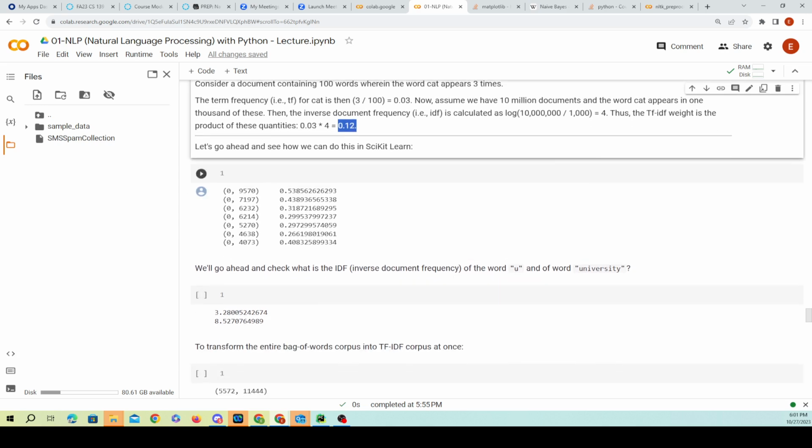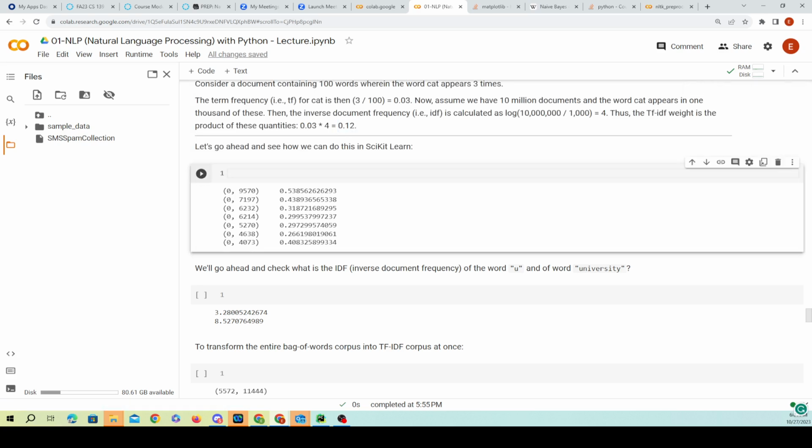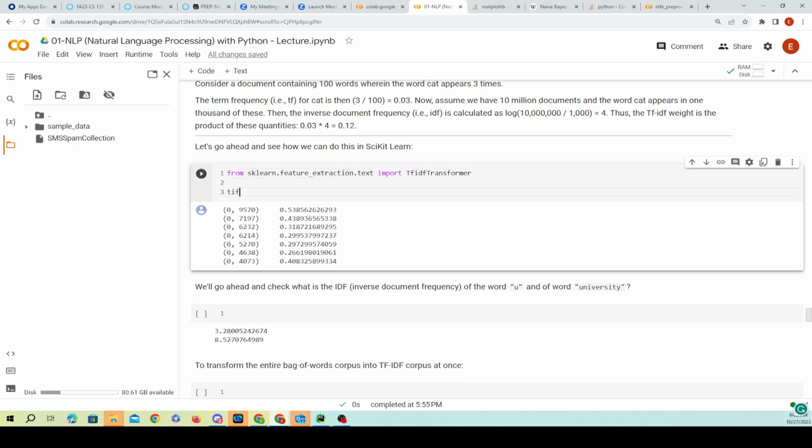So let's go ahead and see how we can do this in sklearn. In order to be able to do this, we need to import from sklearn.feature_extraction.text the TfidfTransformer.